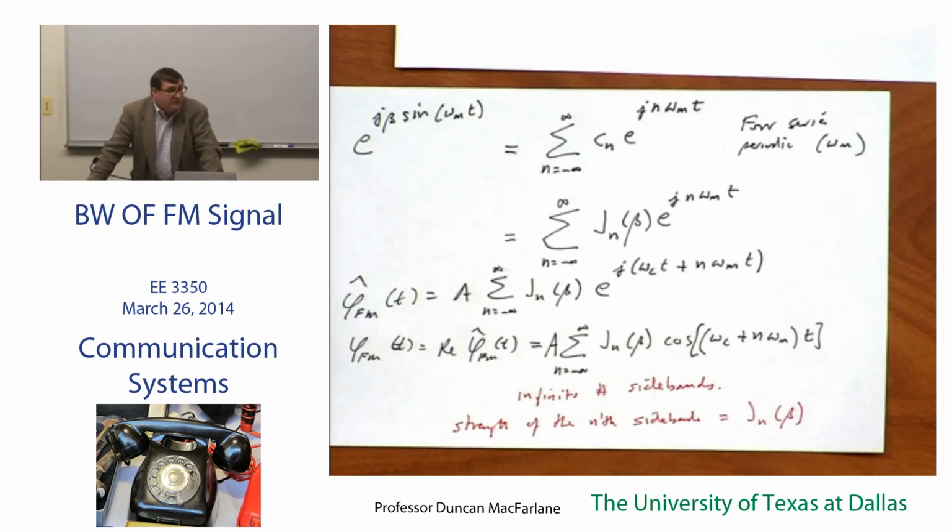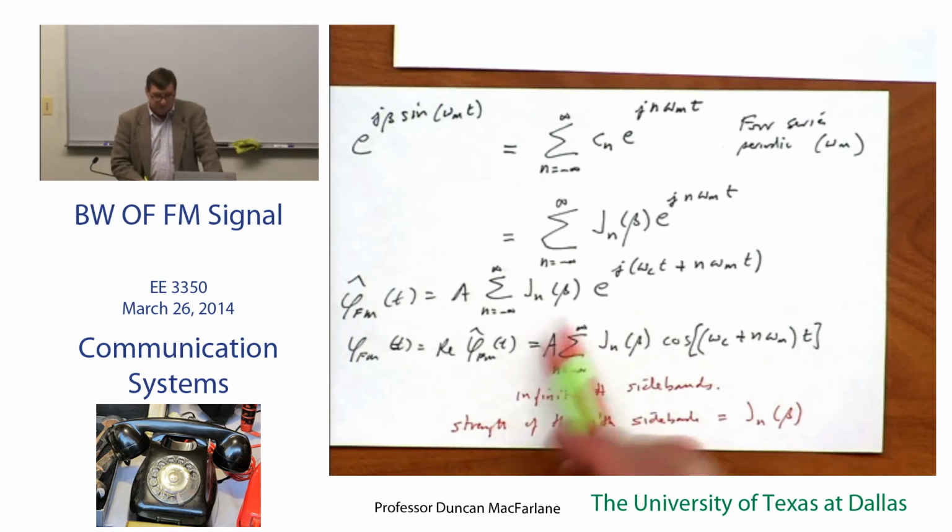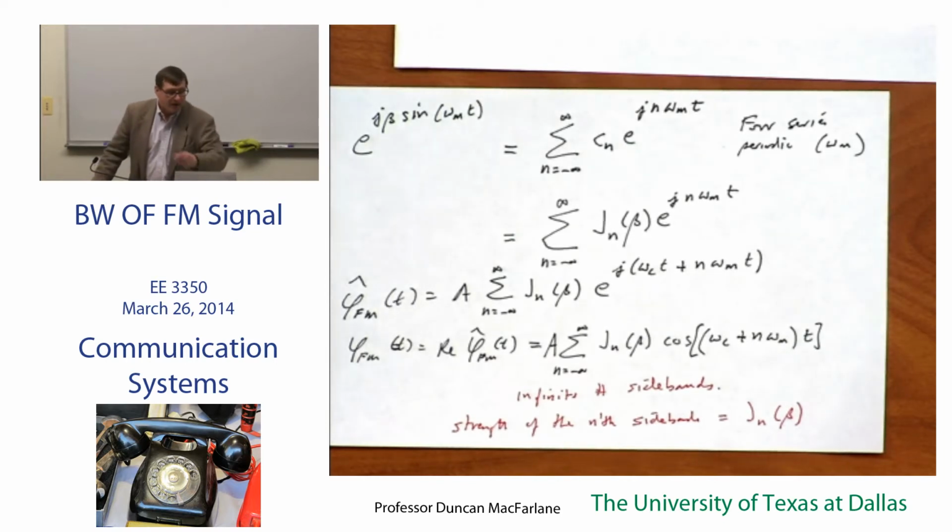So as n gets bigger, Jn of beta will go smaller and smaller, but not monotonically and not smoothly. It'll wiggle around a little bit. So you have to figure out exactly how many of these terms to get so that you keep most of the power of your signal. And I'll do an example of that, but not today because I'm running out of time.